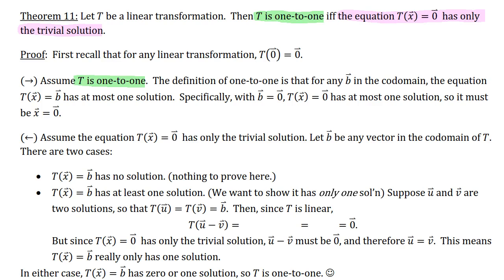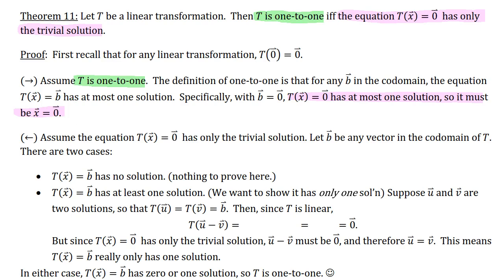And if it has at most one solution, well, we know one thing that you could plug into any transformation and get 0, which is 0. So you must have the solution x equals 0. So that was what we're trying to prove here. All right, that was a pretty simple thing to prove.